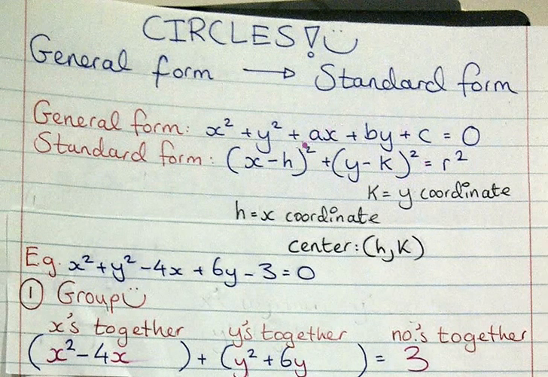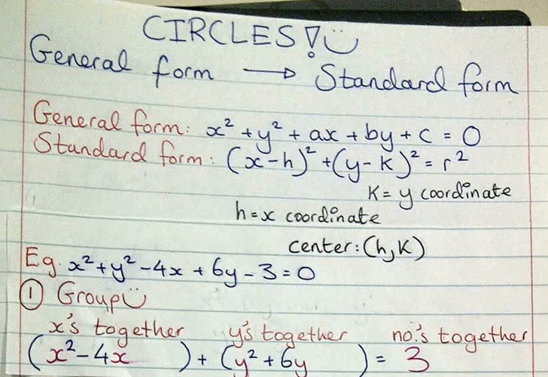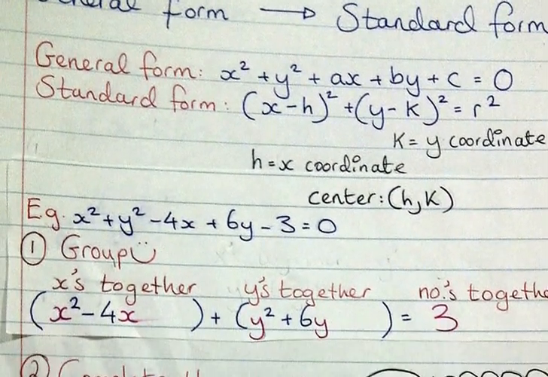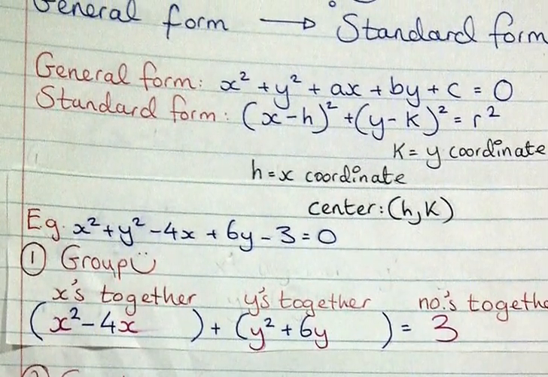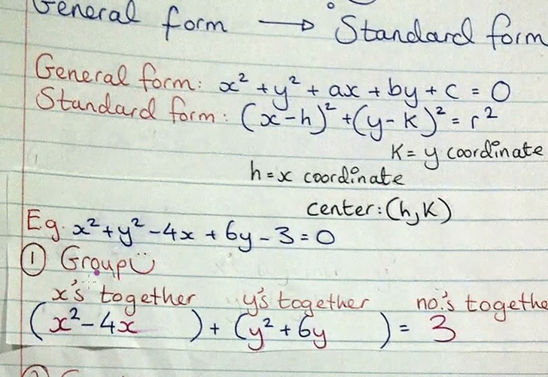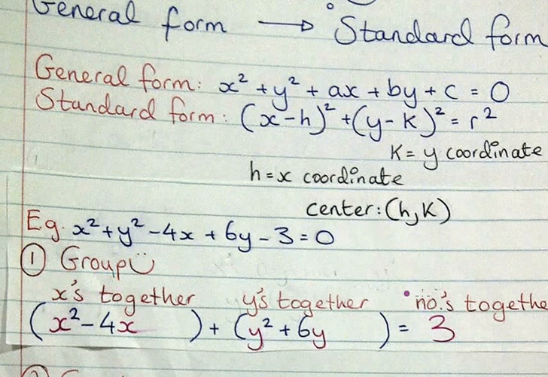Okay? So here's an example of a general form equation that's already been filled out that we need to turn into a standard form equation. And the first step that we need to do is to group them together. Okay, what do I mean by group? Well, we have to group the x's together and the y's together and the numbers together.